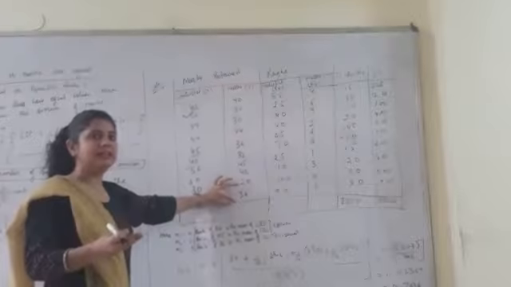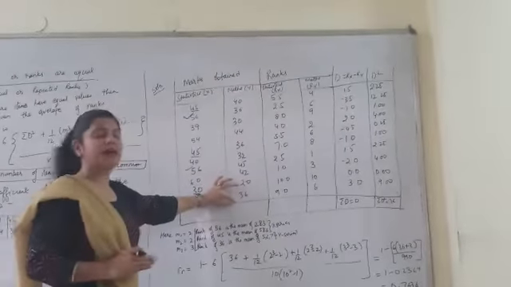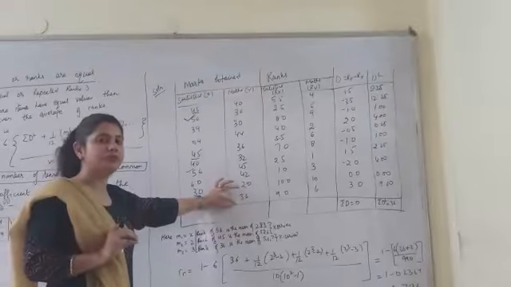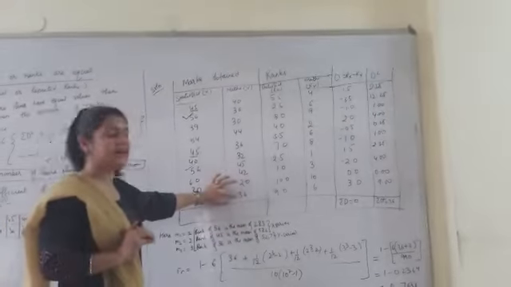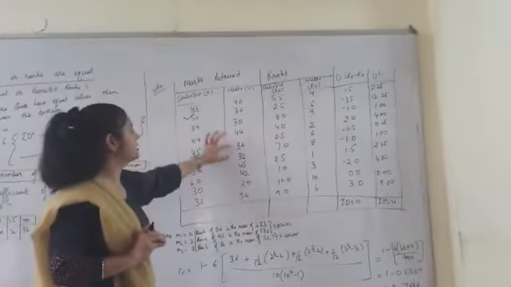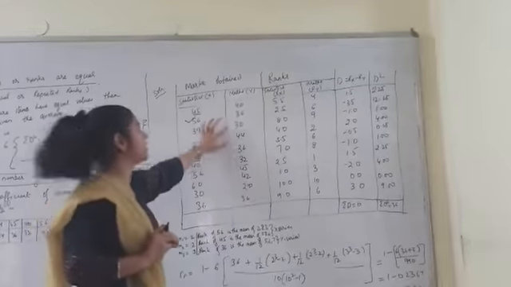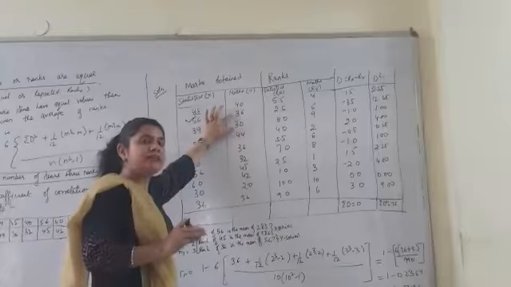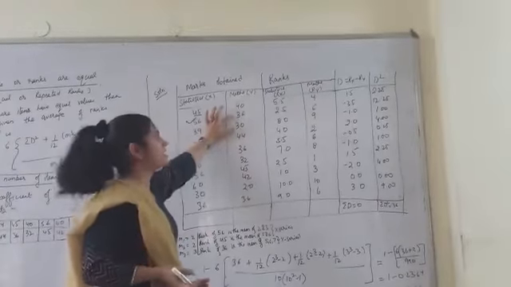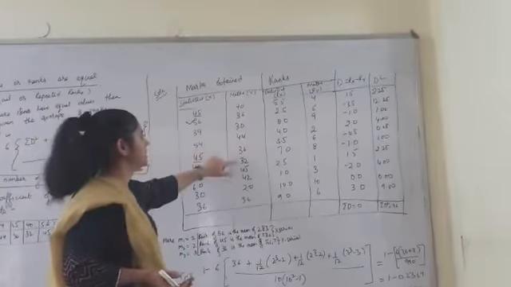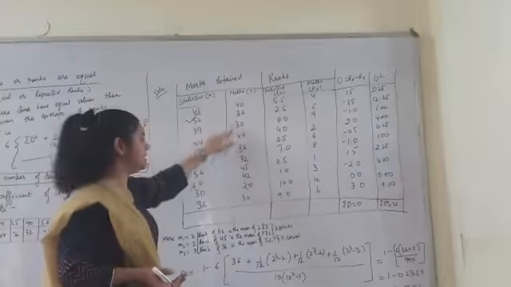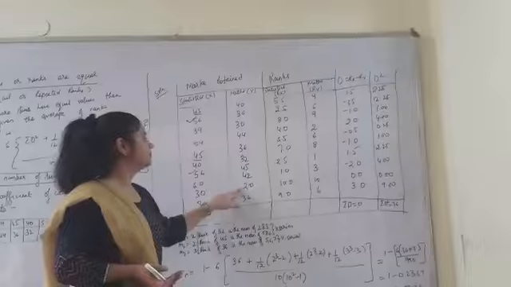Now 5, 6, 7, 3 values. I will find out the 5, 6, 7 average. It will come out to be 6. So I will assign 6 to this 36, 6 to this 36, and 6 to this 36. So 5, 6, 7 values are exhausted. Now the next rank will be 8 given to 32, 9 given to 30, and 10 given to 20.